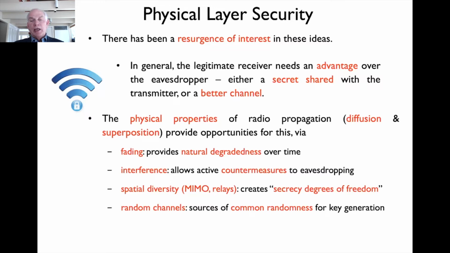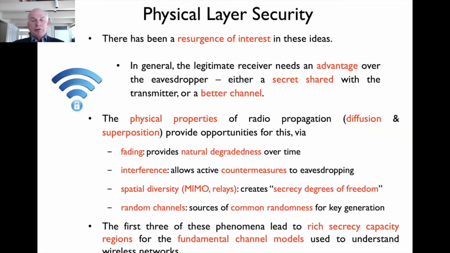So you can use that to distill a key. Basically, the first three of these phenomena lead to so-called secrecy capacity regions, that is, regions of rates where we can transmit in secret over the physical channel. And the fourth one allows us to distill a common key on the fly, which is something I mentioned a little bit earlier.